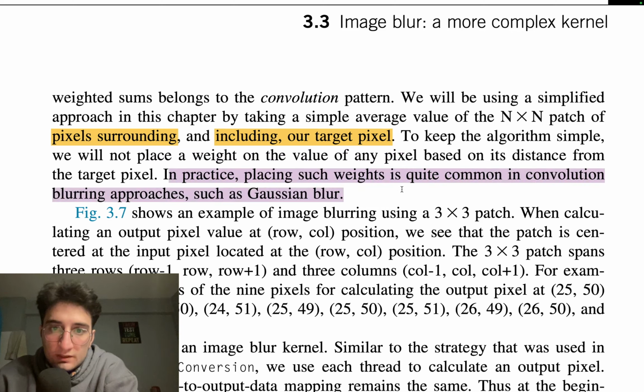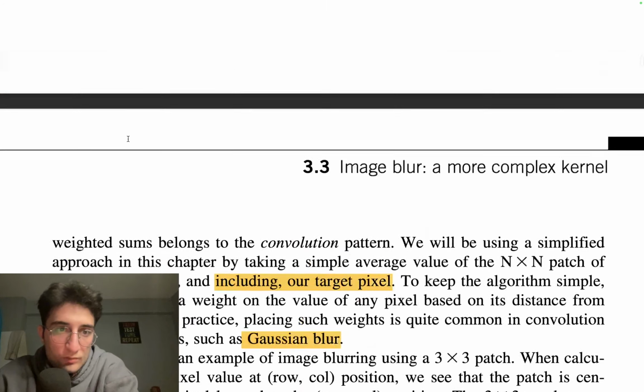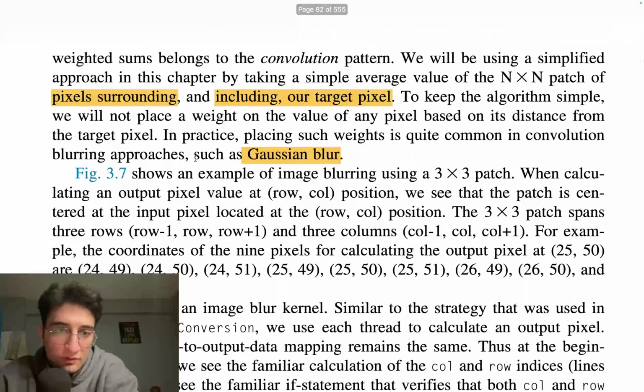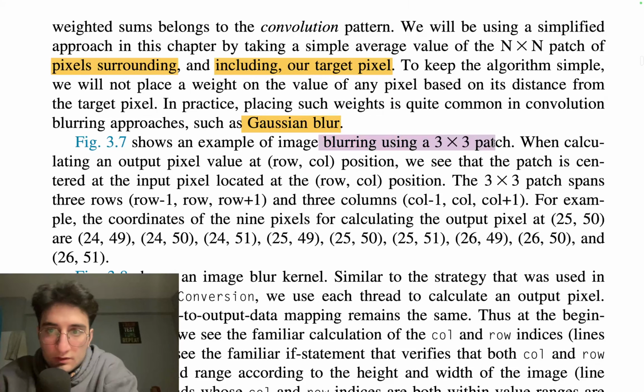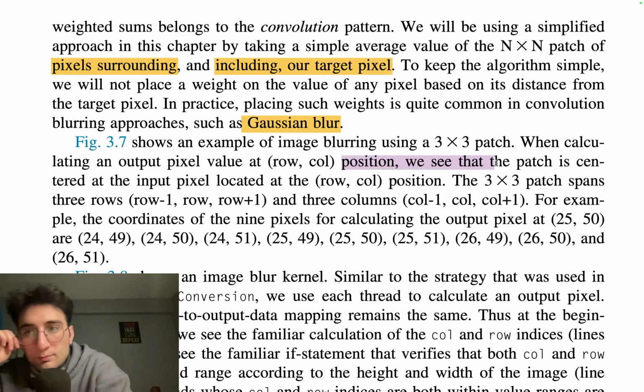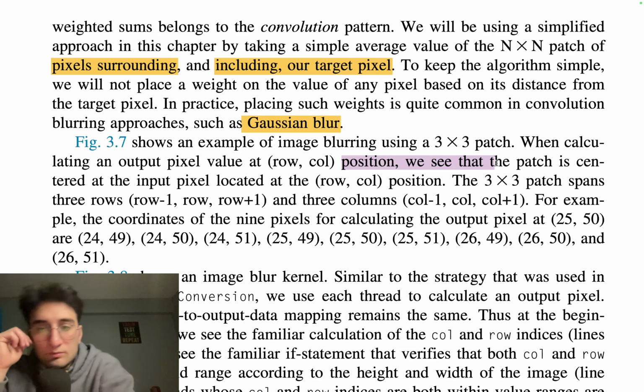In practice, placing such weights is quite common in convolution blurring approaches such as Gaussian blur. Figure 3.7 shows an example of image blurring using a 3x3 patch. When calculating an output pixel value at row, column position, we see that the patch is centered at the input pixel located at the row, column position.